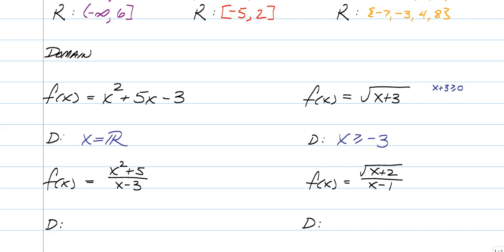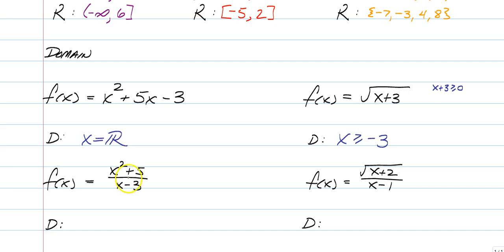The third example, you have something in a denominator. Now you should remember from back in the day that you can divide anything by anything except 0. We cannot divide by 0. We can divide by a positive number, we can divide by a negative number, we cannot divide by 0.